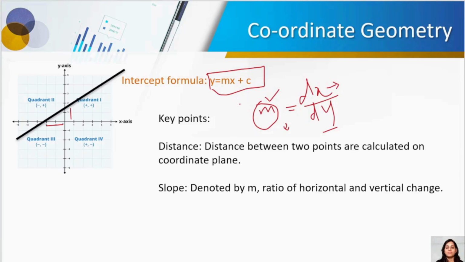And why this is important is, again, there is a term called gradient. m is called the gradient, and we have gradient descent. We have so many other concepts to know, and all of those are based on your slope concept.